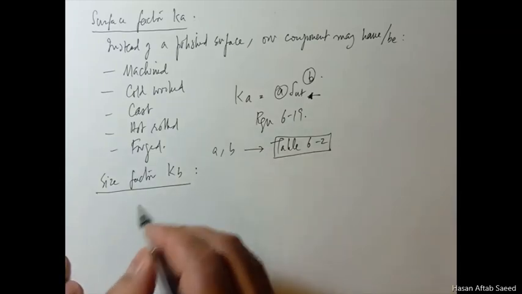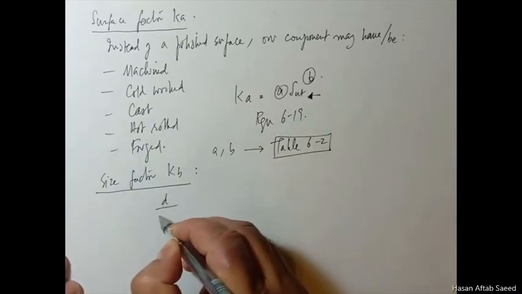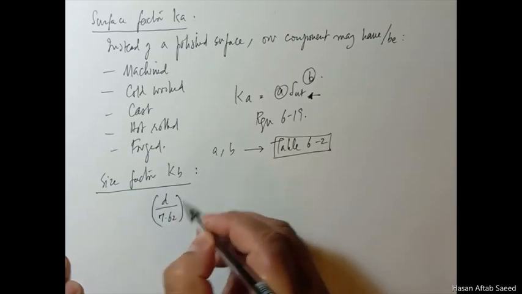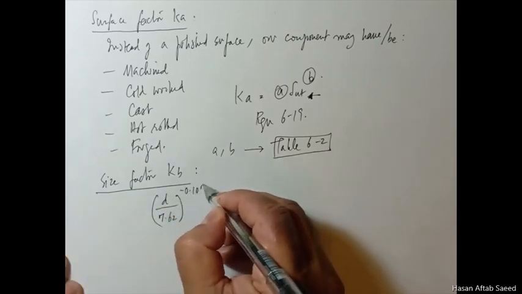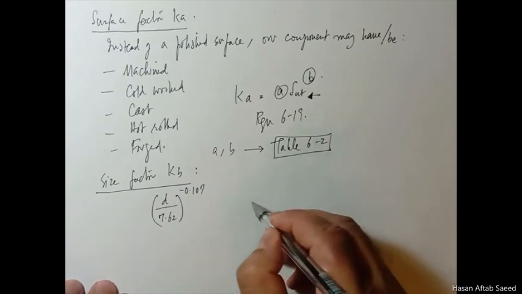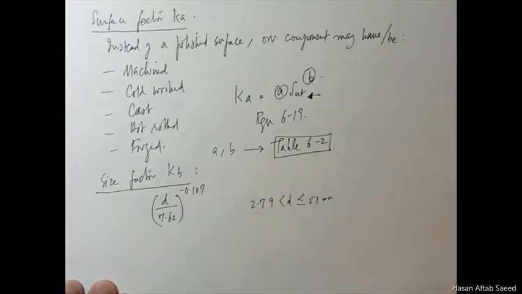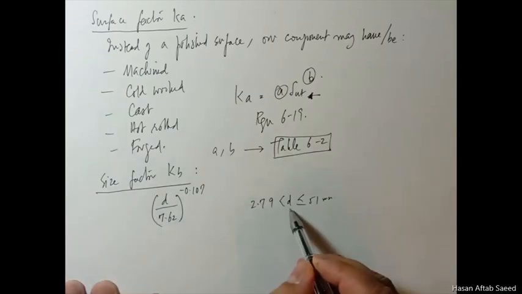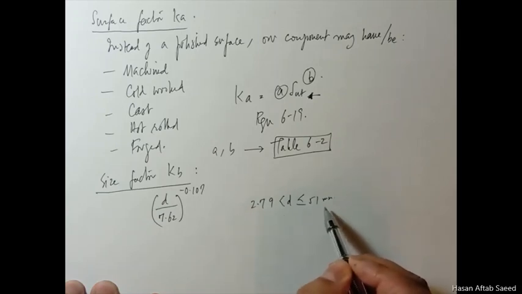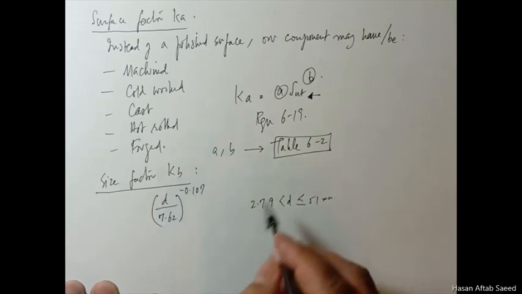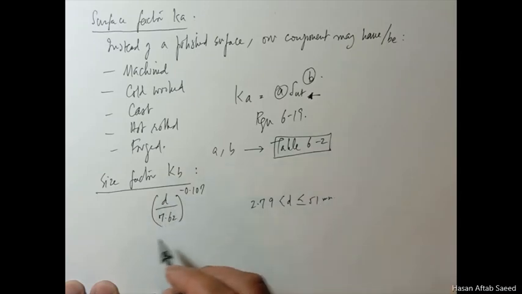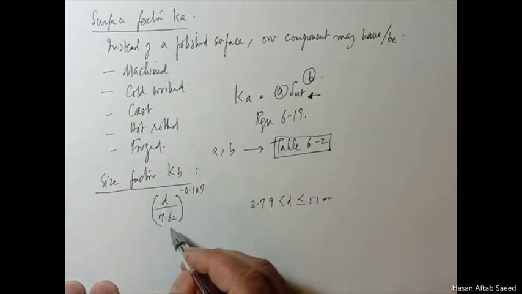So the equation to be used here is, and this is again an experimental based equation. If the diameter, and for the moment we are talking about circular shafts, circular components, we'll see when we don't have circular components, for the diameter between 2.79 to 51 millimeters, this is the value of our KB.